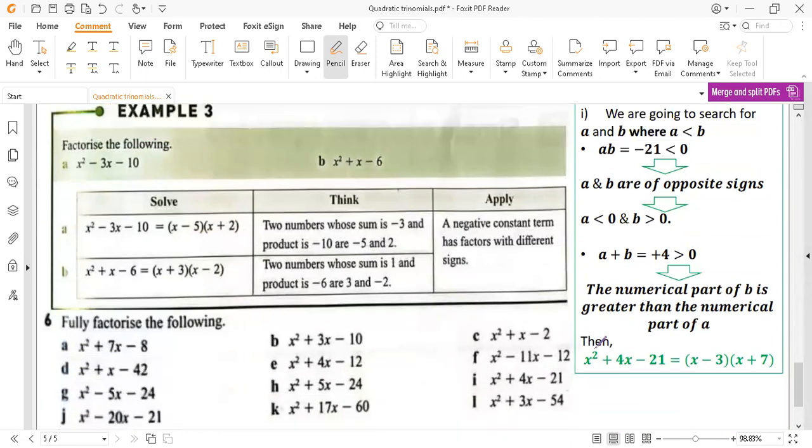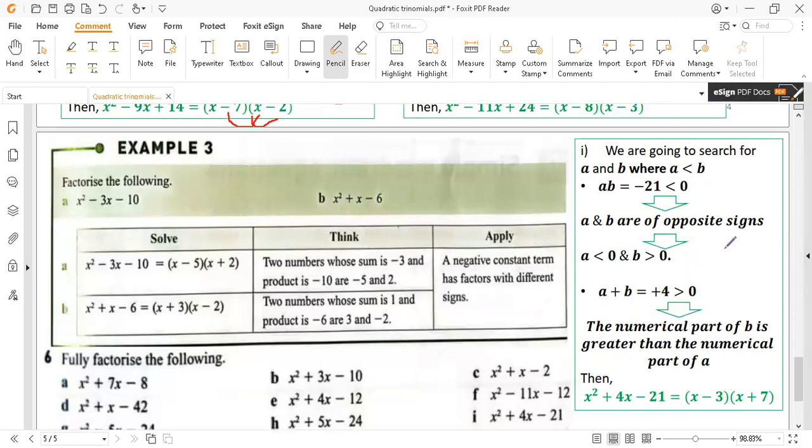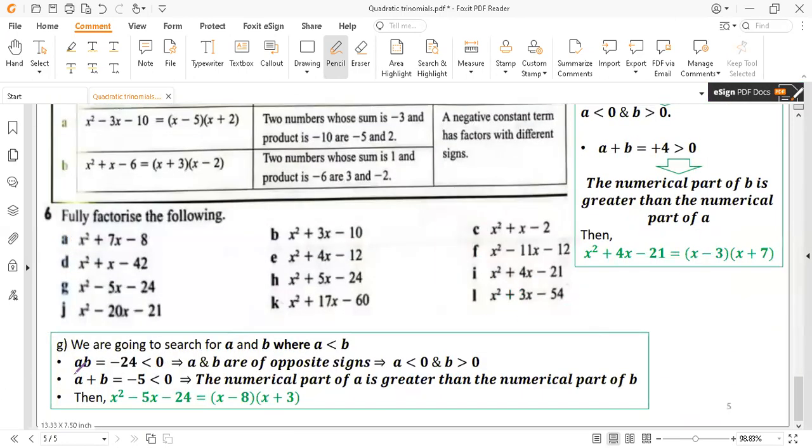And the third, different situation here: for example, the product is negative, so a and b have opposite signs, and we can put a as the negative and b as the positive; it is not a big deal. The sum is minus 5. So normally the numerical part of the negative number is greater, because its sign dominates when adding it to the positive.